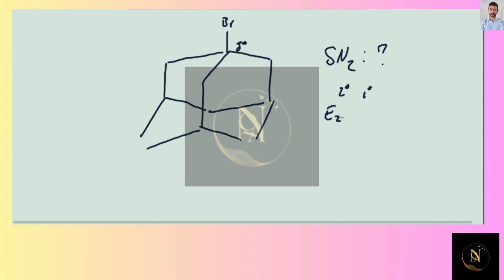Well, recall that for E2 to be possible, we need to have a hydrogen which is anti-periplanar to the bromine, assuming these are R groups.